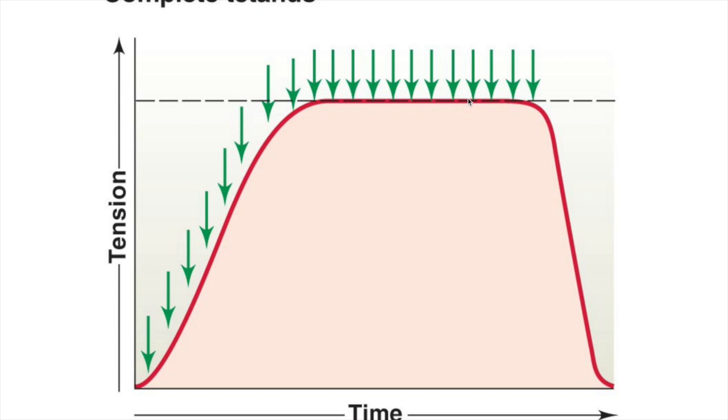This figure shows complete tetanus, when the muscle is stimulated so frequently that it cannot relax. Maximum tension is generated, and that's where you've got the maximum amount of cross-bridge cycling happening, the maximum overlap of actin and myosin. So that's the maximum force this muscle can generate.